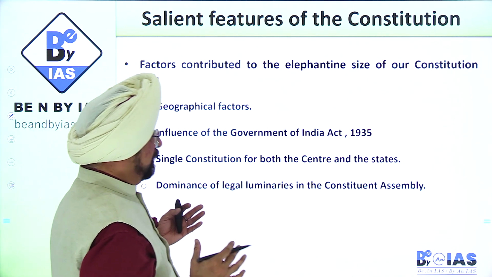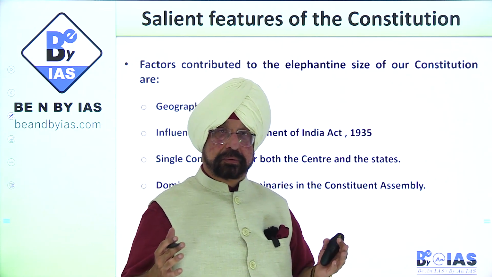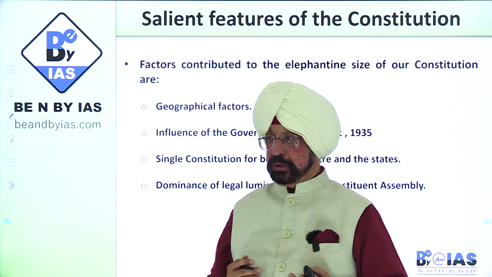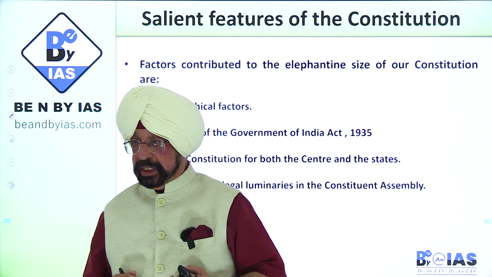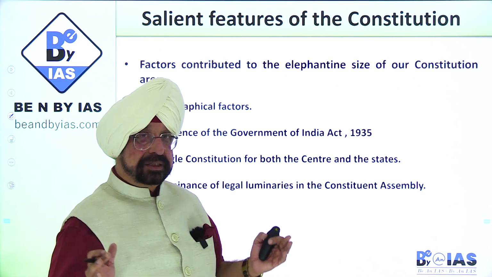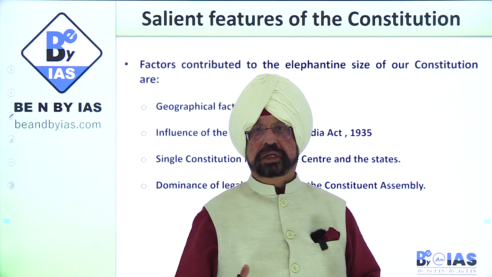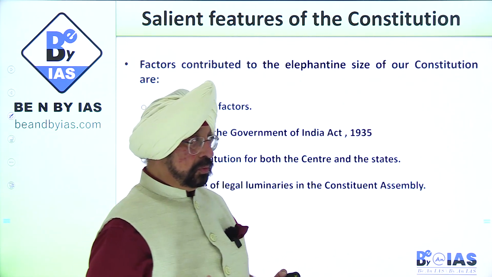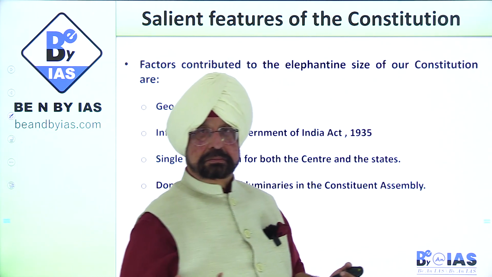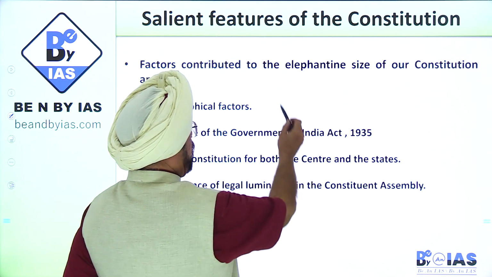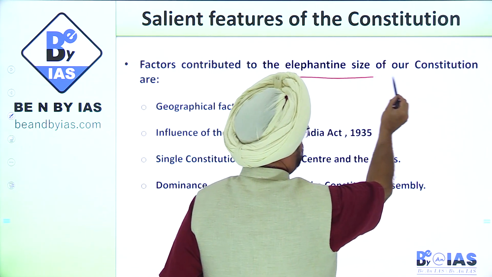What are the factors? Yesterday when we were discussing the making of the Constitution, we had found that ours is the largest, the longest Constitution in the world. So the critics call it the elephantic size of our Constitution.